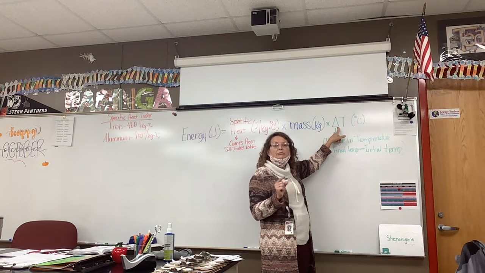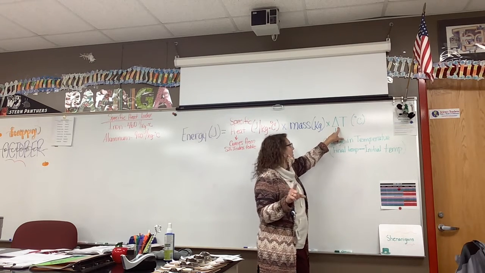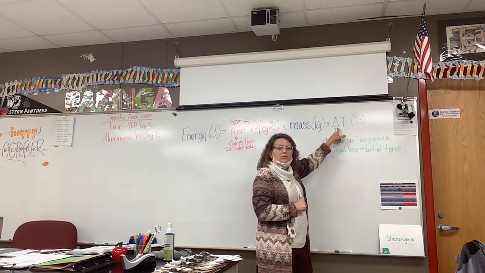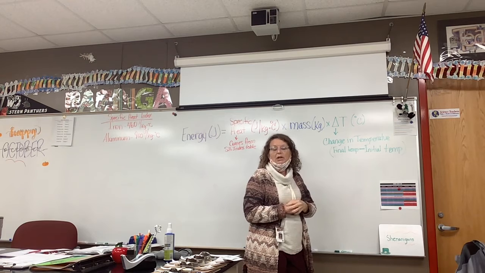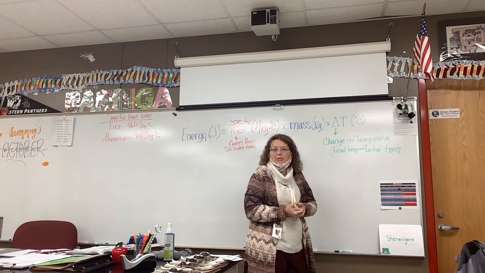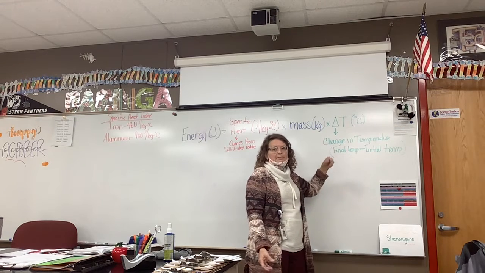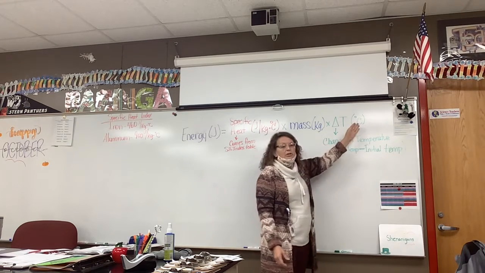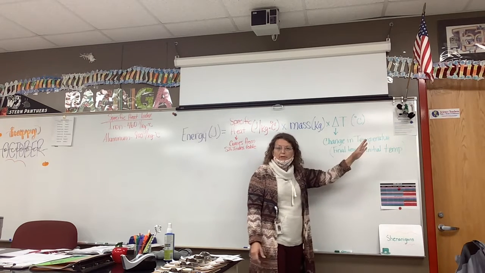Your book didn't write it that way, and it's incorrect to not write it that way. How much did that temperature change? Because what we're trying to find out is how much energy was required to change the temperature. So you have to have delta T. That's going to be in degrees Celsius, and it's really important to show all parts of it.